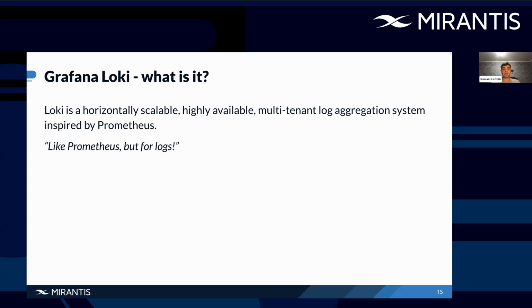The log data itself is then compressed and stored in chunks in object storage, such as S3 or GCS, or wherever you're using object storage, or it can even be stored locally on a file system. This is the slogan of Grafana Loki: it sounds like Prometheus, but for logs, and this is exactly what it is.